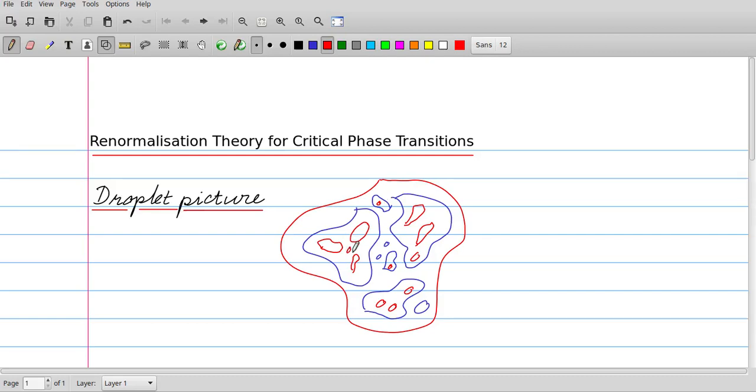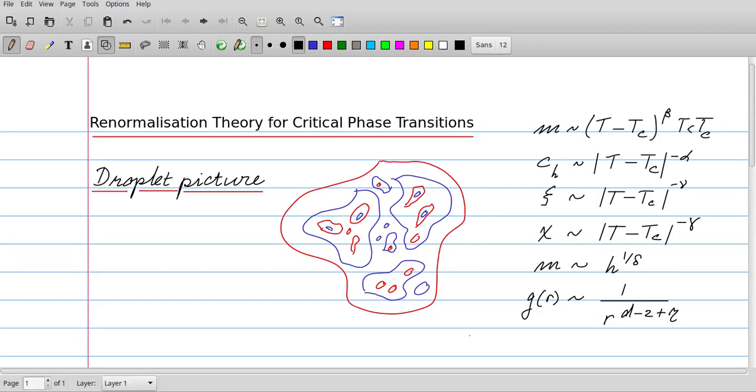And then within the red ones we have blue ones, etc., etc. And so the main message here is that the fluctuations, the deviations of the spins from the average value in a certain region, occur at all length scales. So the system seems to have some scale invariance, and it's the scale invariance which forms the basis of the idea of renormalization theory.